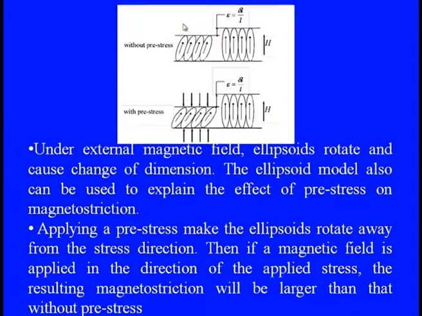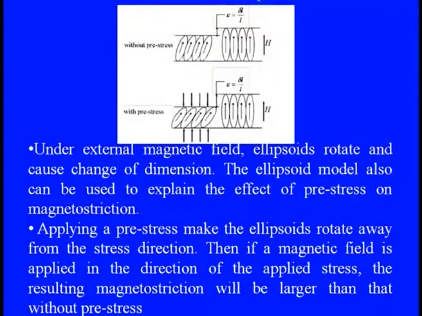When we do not have any pre-stress, the magnetic field can certainly generate expansion, and this is measured by the strain, which equals the change in length divided by the original length. But when the pre-stress is there, all the ellipsoid elements are in robust contact, and when we apply the magnetic field, the expansion is even greater.